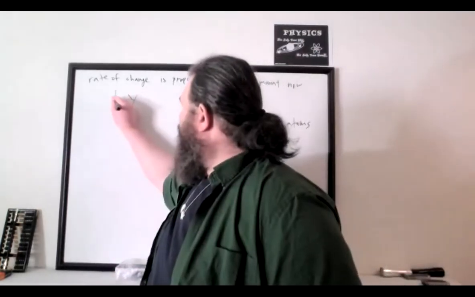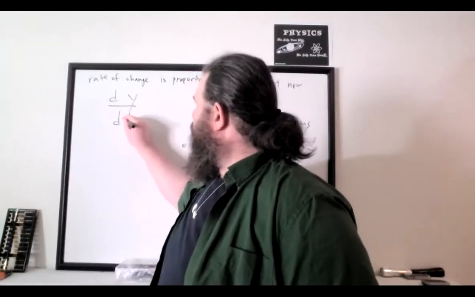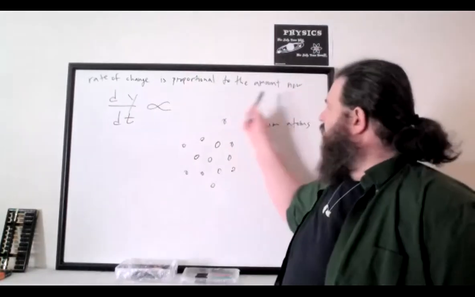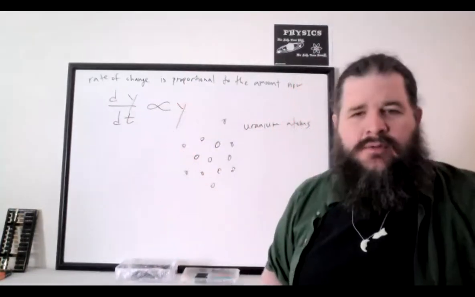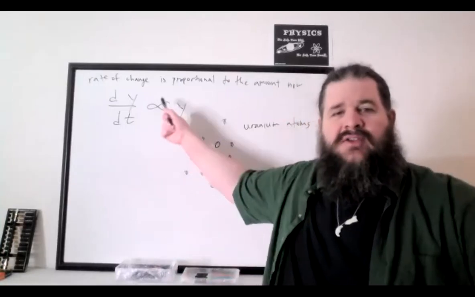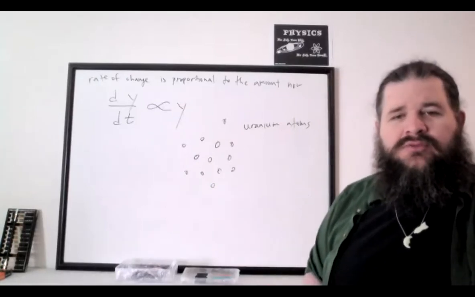If the derivative of y with respect to time is proportional to y itself, this is the behavior we're talking about here. If the rate of change in y, how fast y is changing, is proportional to y itself. And this shows up in a lot of situations.